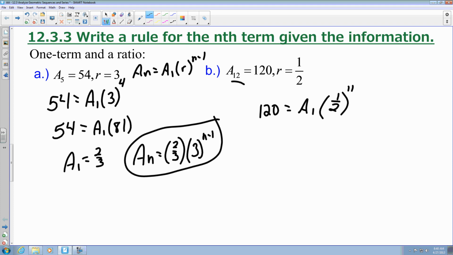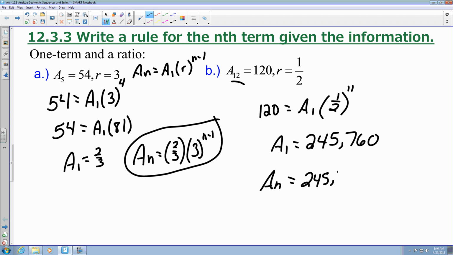So that means that a sub 1 is going to equal 245,760. So if I put this into a general equation, I go a sub n equals 245,760 times 1/2 to the n minus 1 power.